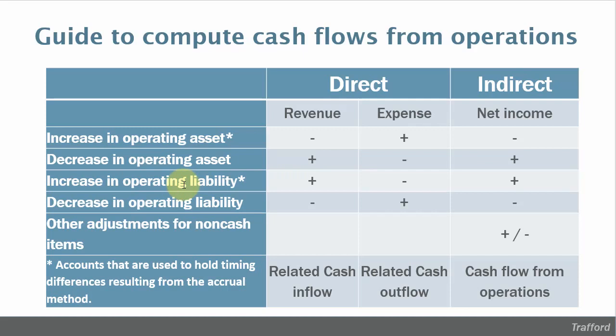If accounts receivable increases during a year, that means that a company had more sales on account than it had collections on account. If a company's accounts receivable decreases during the year, that means that the company collected more from its customers during the year than it had sales on account. So that's the manner in which we'll be using these descriptions.